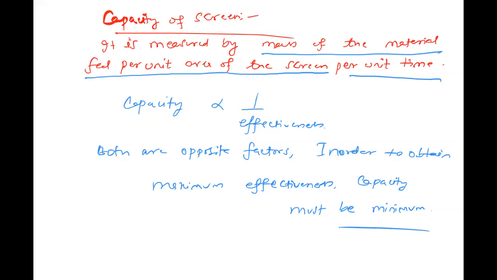So see the definition. Capacity means the mass of material fed per unit area of the screen per unit time. It is irrespective of oversize and undersize. But effectiveness depends upon oversize and undersize. If the mixture has more oversized material, obviously the oversized material will be retained on the screen.